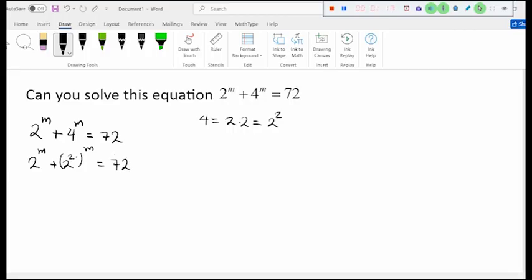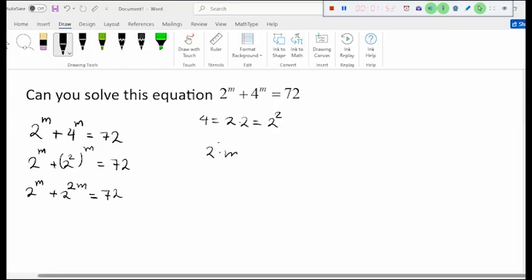Then we multiply. Here we can write 2 to the power of m plus 2 to the power of 2m equal to 72. As you know, multiplication has the commutative property.